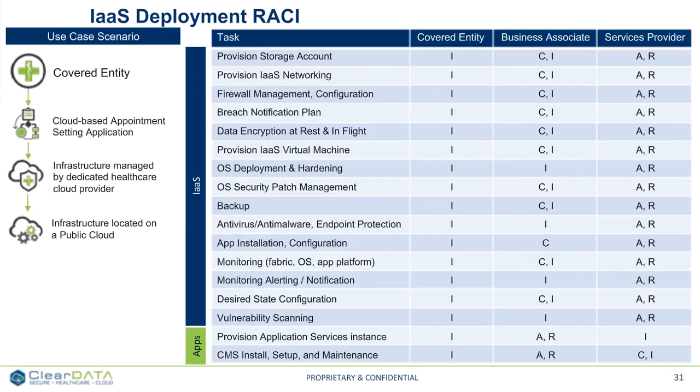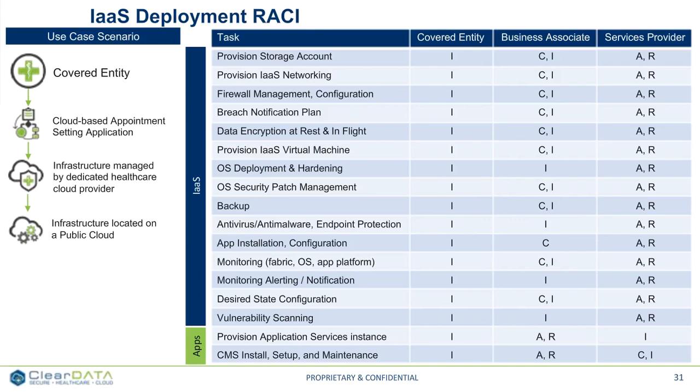Now, if we get a little bit more specific, for example, in an infrastructure as a service deployment model, looking at a RACI here with a little bit more technical detail, as soon as this slide pops up on slide 31.